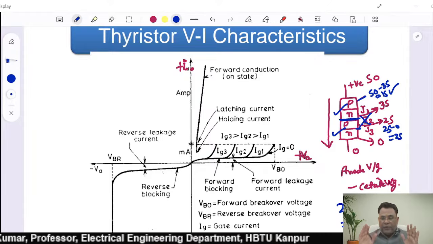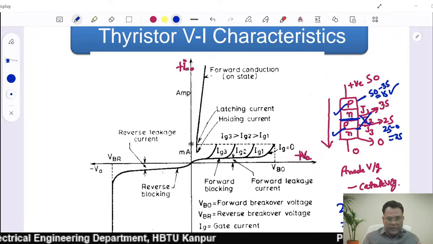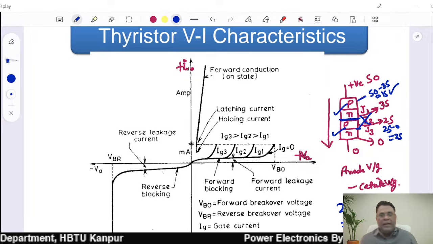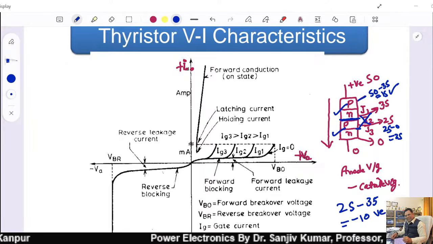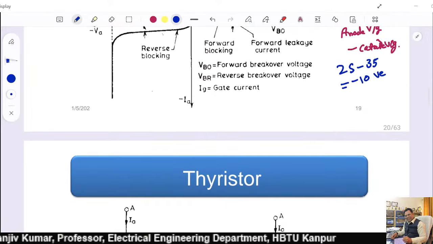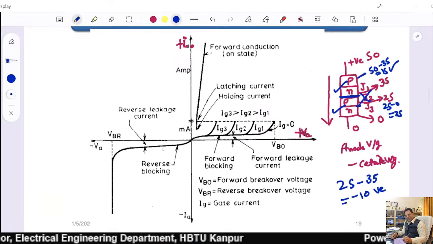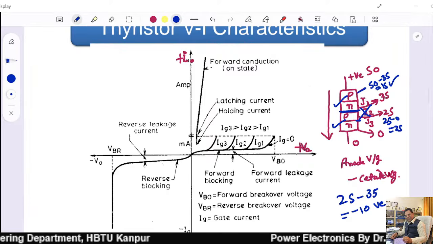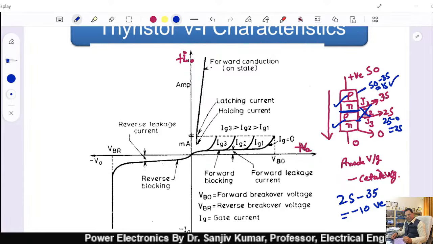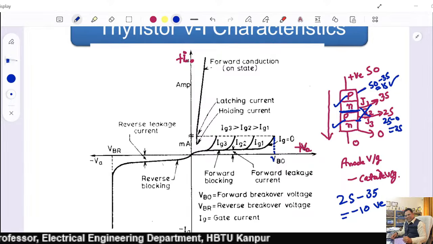So during forward blocking stage, your junctions J1 and J3 are in forward bias, whereas junction J2 is in reverse bias. Let us wait. Now if you keep on increasing the voltage, a level comes when this voltage reaches VBO.